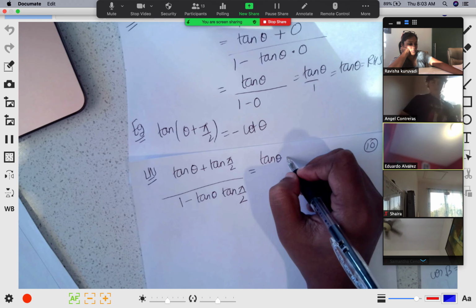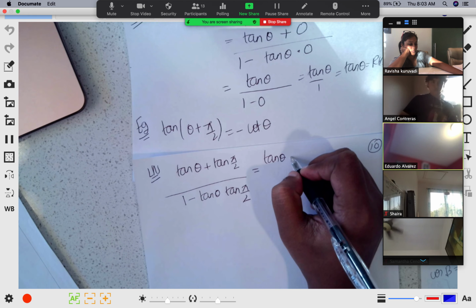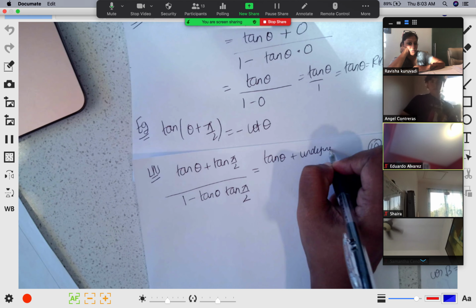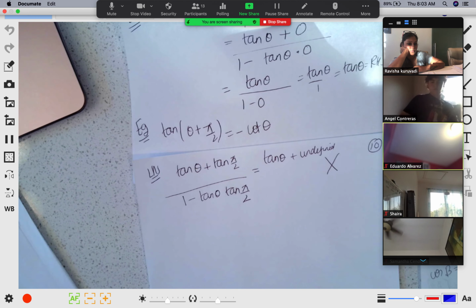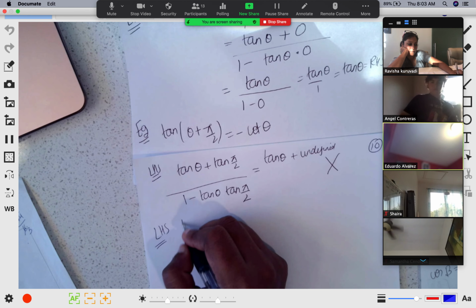That's going to be undefined, right? So that means this is not how I'm going to solve it. This is not the way to solve. Is there any other way? Not that I can think of.